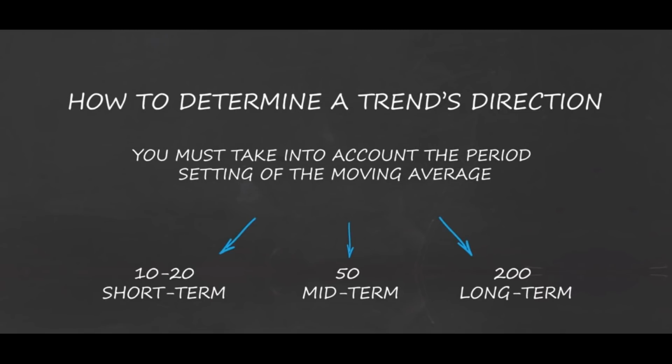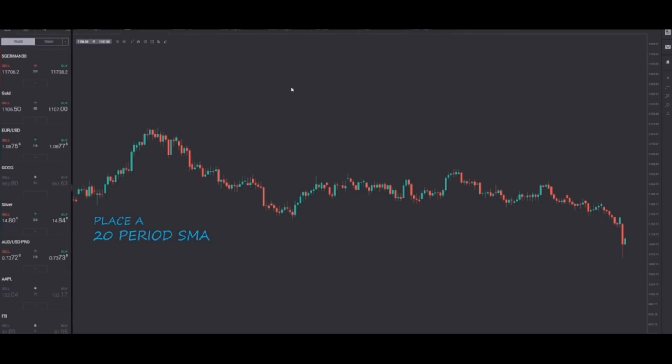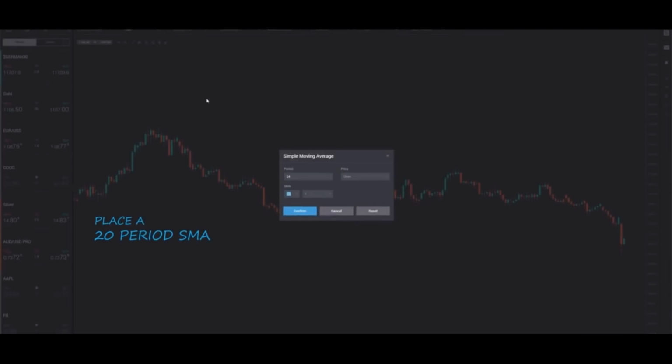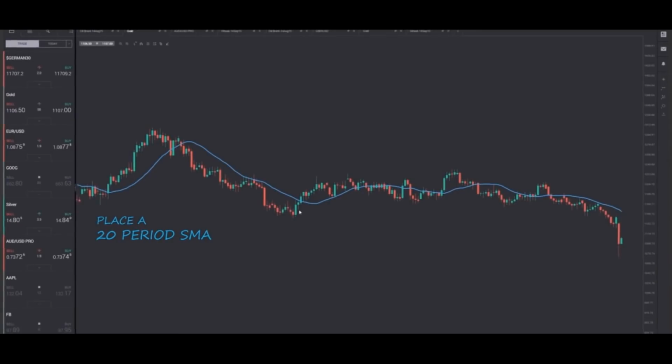But why is it important to be aware of the time period of the moving average? In this chart, when we place a 20-period simple moving average by clicking the indicator icon and setting the time period to 20, we can clearly see that it indicates an uptrend.